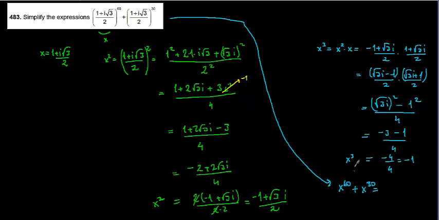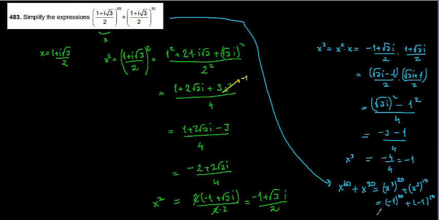In terms of x cubed, if I write 60, it's x cubed to the power of 20 plus x cubed to the power of 10. Then x cubed is minus 1, so it's (minus 1) to the power of 20 plus (minus 1) to the power of 10.